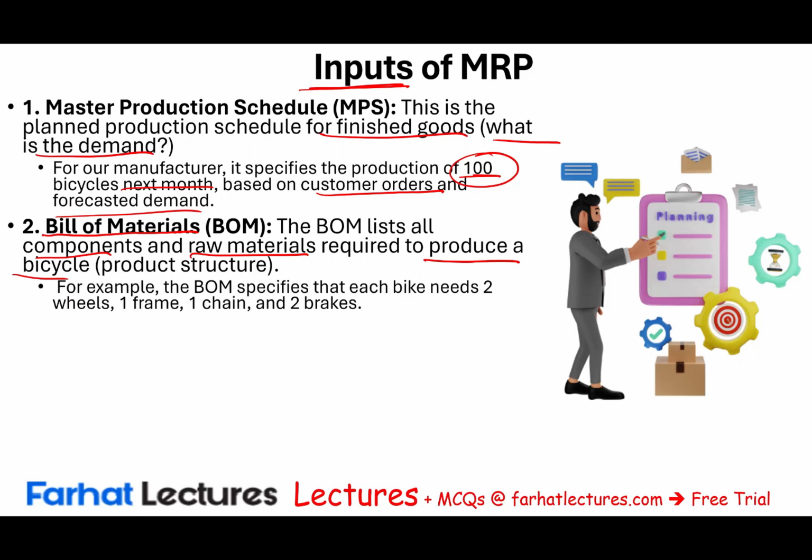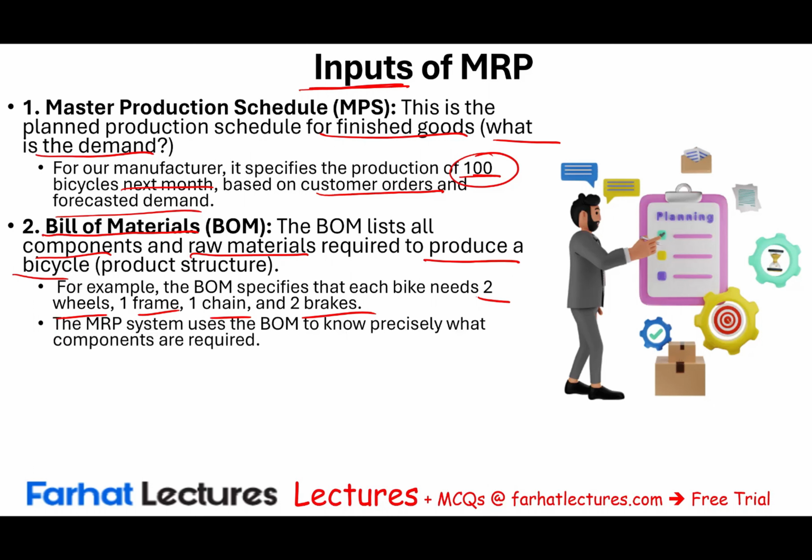For example, the bill of materials specifies that each bike would need 2 wheels, 1 frame, 1 chain, and 2 brakes, and whatever else it needs. The MRP system uses the BOM to know precisely what components are required. Now, obviously, we would engineer, or program, our MRP to know this information. If we need to produce a bicycle, those are the components that you need.